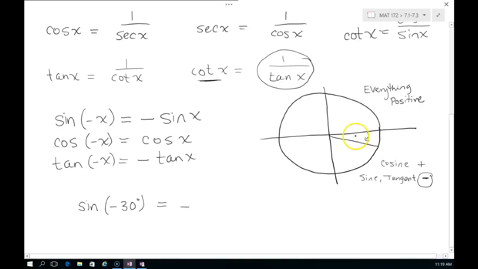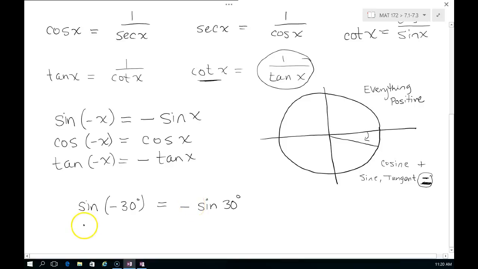And that angle has got a reference angle of 30 degrees. So it's going to have the same trig value as sine of 30 degrees. I just have to make my answer negative. So sine of negative 30 degrees is the same as negative sine of 30 degrees.